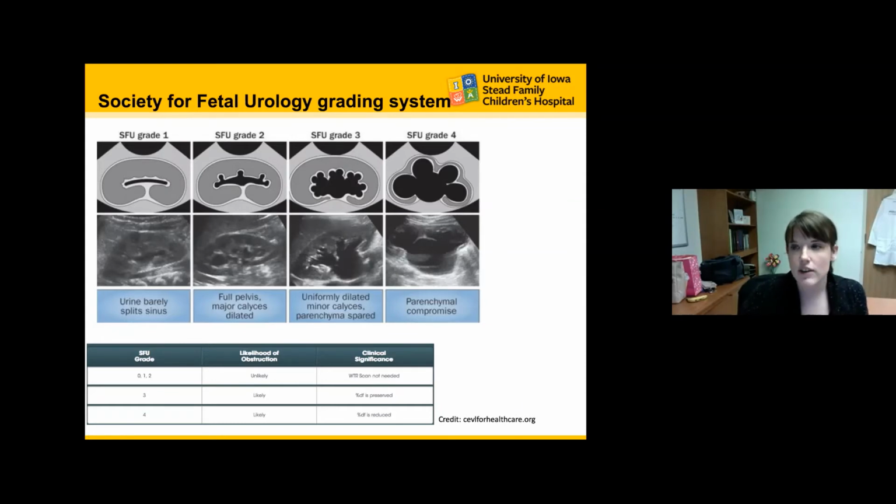There can be difficulty differentiating between parenchymal compromise at just one area of the kidney versus the whole kidney, and often there is a discrepancy when people are identifying major calyceal versus minor calyceal dilatation.